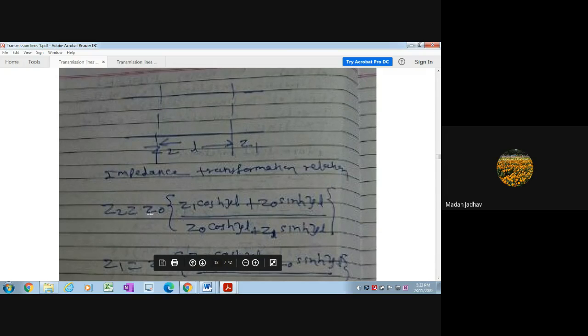Whenever any particular transmission line is there, maybe a coaxial cable, a twisted pair cable, or any other cable, it has some characteristic impedance. That characteristic impedance is nothing but Z naught.